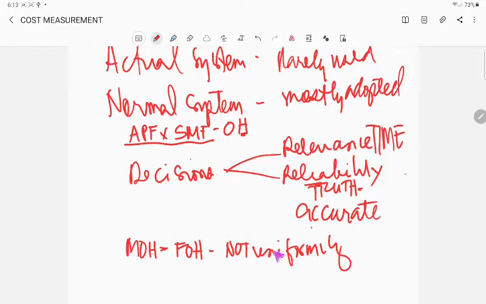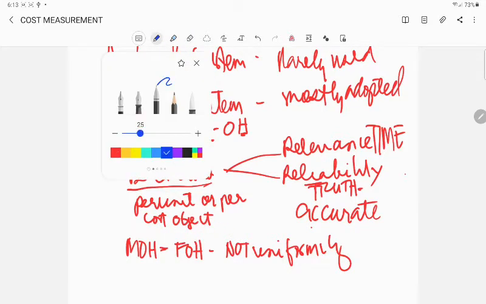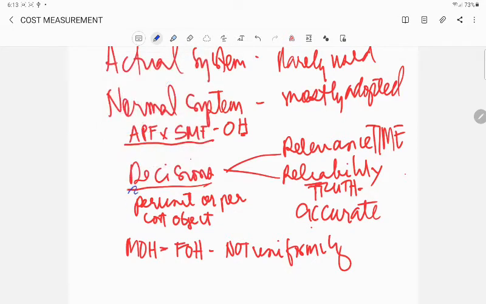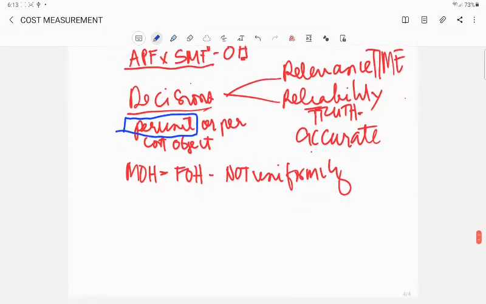They vary. And besides, when you make a decision, you would like to have per unit, or per cost object, information. What we often use when we make decisions, that is what we need throughout the year. Per unit information of what?